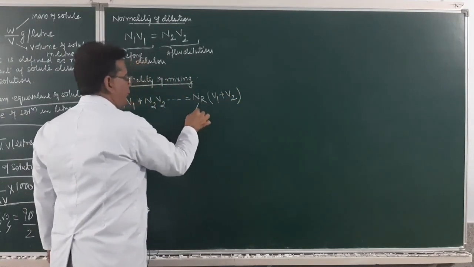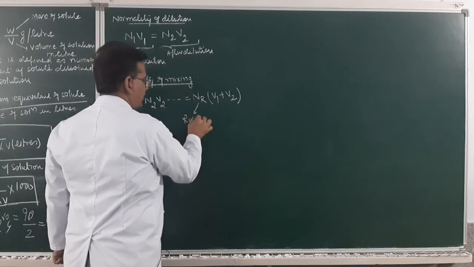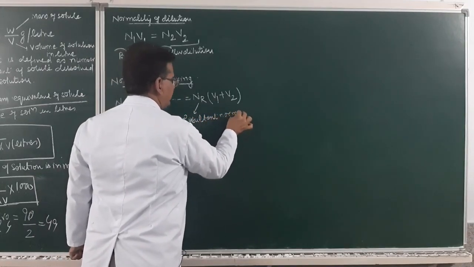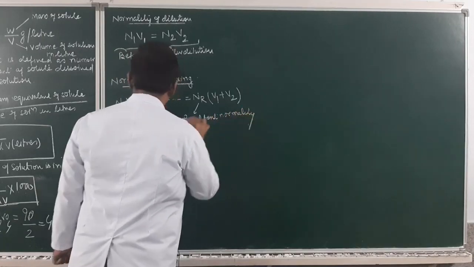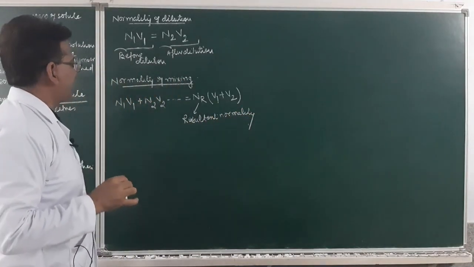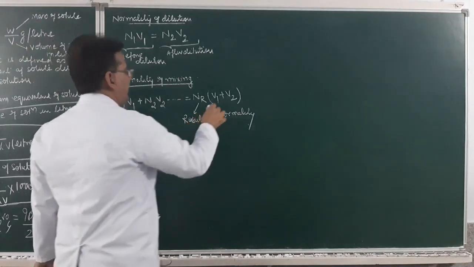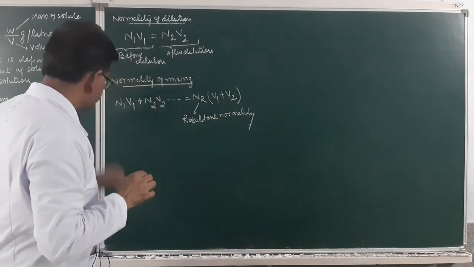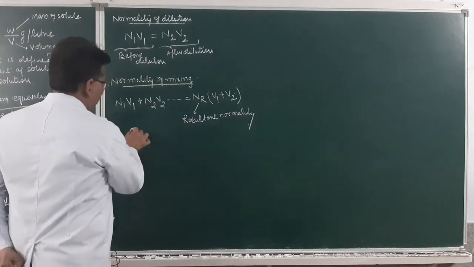NR is our resultant normality, the resultant normality of the solution. Am I getting clear? N1V1 plus N2V2 will be equal to NR into V1 plus V2. What do I mean by this? Suppose we have a sample A.